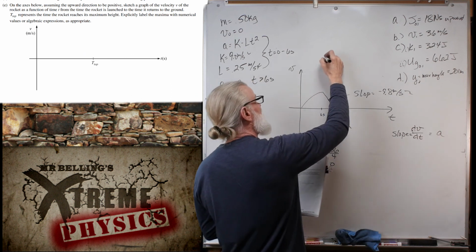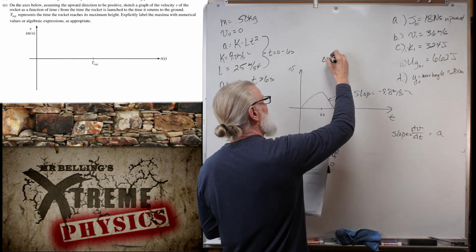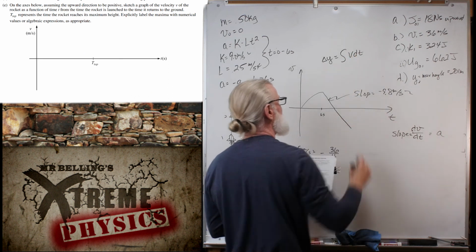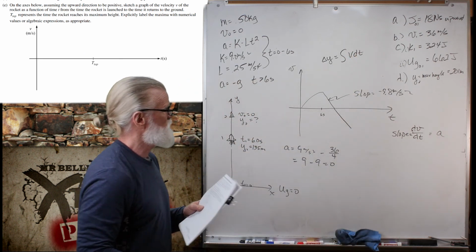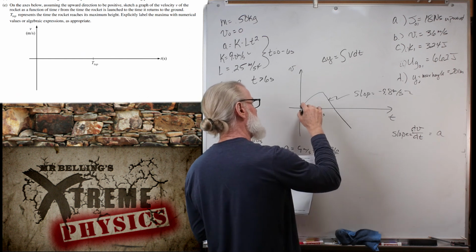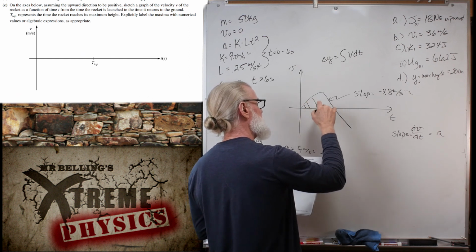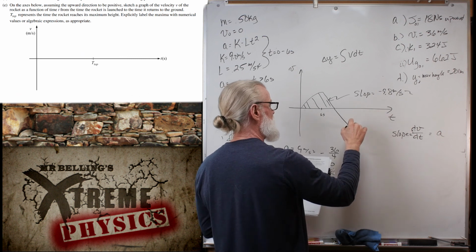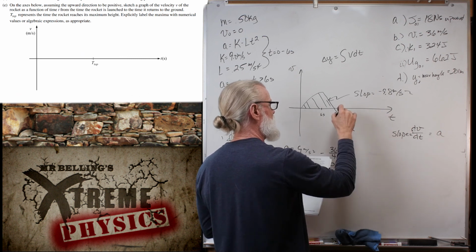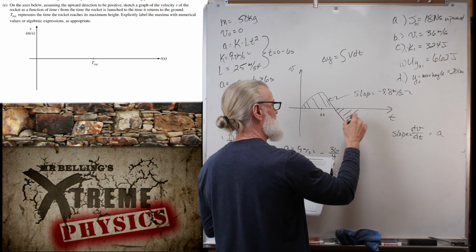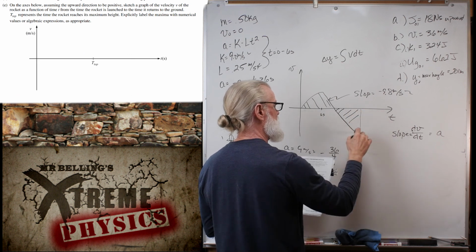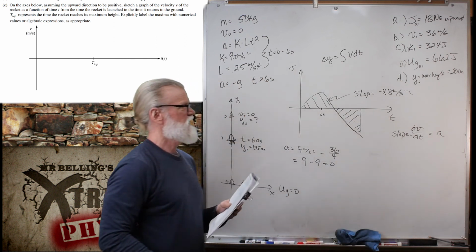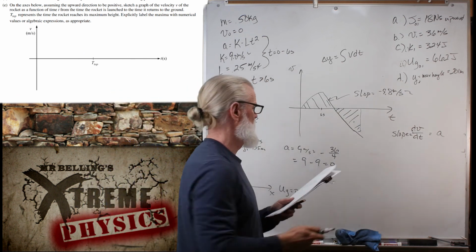And we know that delta y equals the integral of v dt, so the area under this curve. So basically, when these areas are equal, that's when it's back to the ground, right?